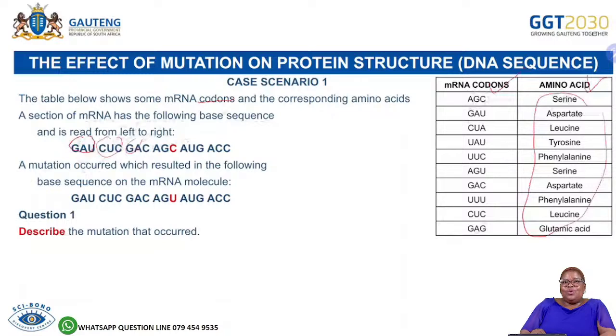Now, if you look at those codons given, the first codon, we've got GAU, we've got CUC. You can read all of them. And we can refer to this as the original base sequence.